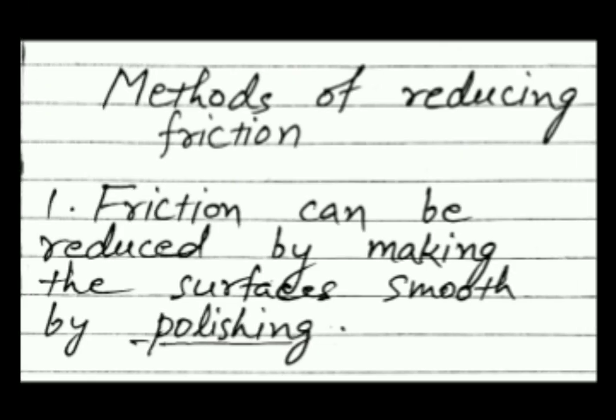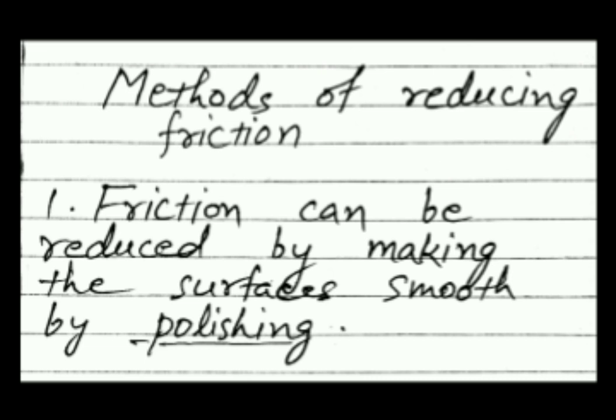So under this, the first method you can see is that friction can be reduced by making the surfaces smooth by polishing. Students, by making the contact surfaces smooth, by polishing them, we can reduce friction.